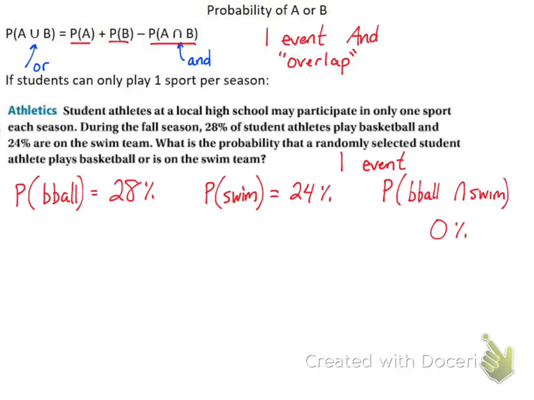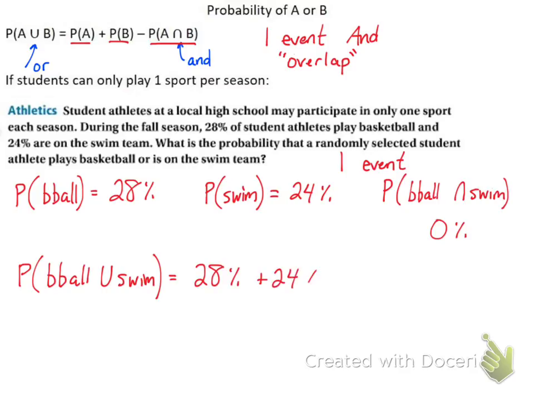So I can add my probabilities together. The probability of someone playing basketball or swimming is 28% plus 24% minus 0%, which gives me 52%.